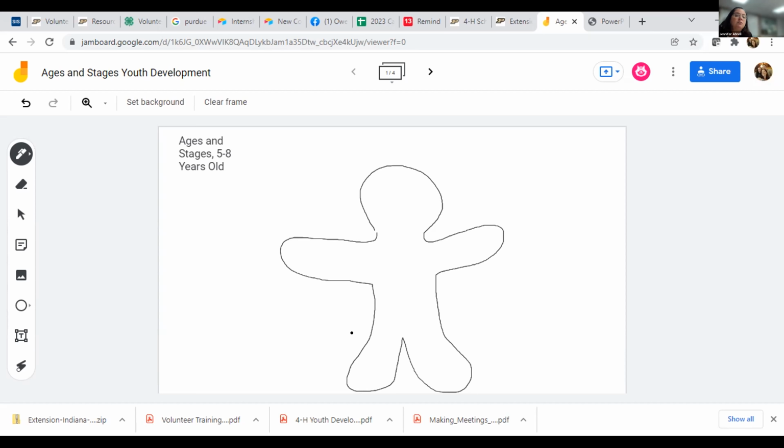And we can either draw on here or we can do the little sticky notes. I'm a big fan of the sticky notes, by the way, or just write on here some different things. So if you're on there, I saw somebody pop on there, so I don't know if that's Brandy or if it's Terry, but what would be some physical characteristics of a typical 5 to 8 year old?